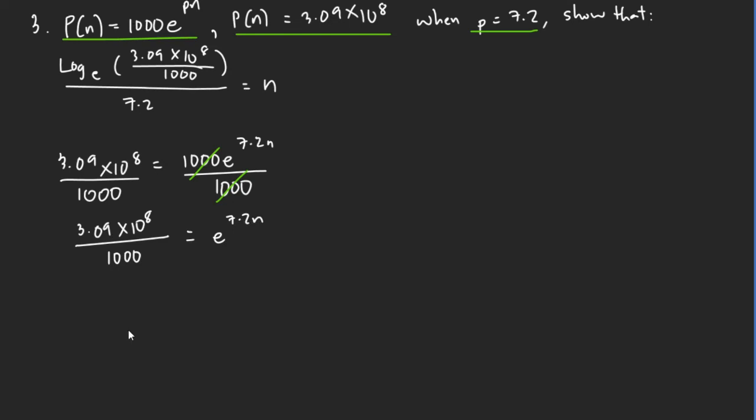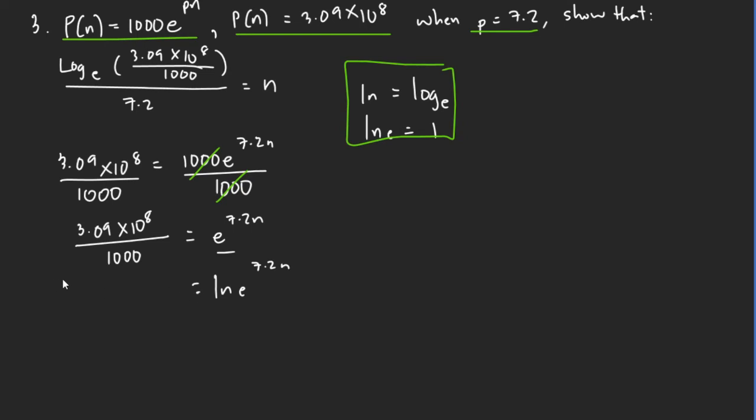Okay. So, now we're going to solve for the value of n using the fact that ln of e is equal to 1. Okay? So, that is our basis. Alright? So, on the left, because we need to solve for the exponent, we need to put ln of e raised to 7.2n.